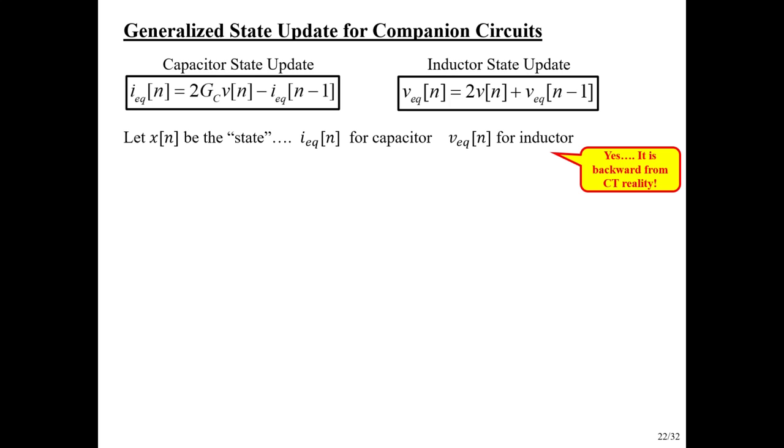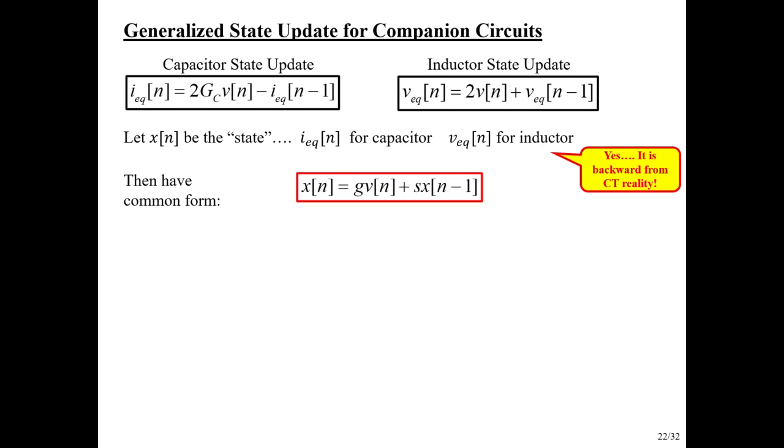It's just a weird thing that happens as we go through the math. So now we can write a general form. There's going to be the state now with some multiplier times the voltage across the component now, with a sign variable that's going to be either a plus or a minus 1 times the state then.